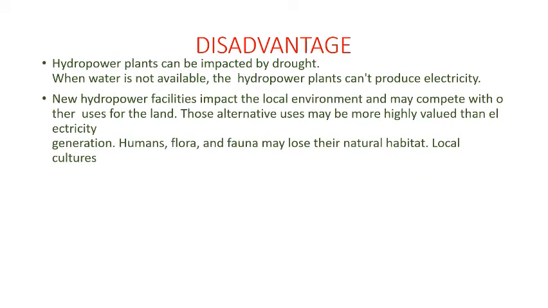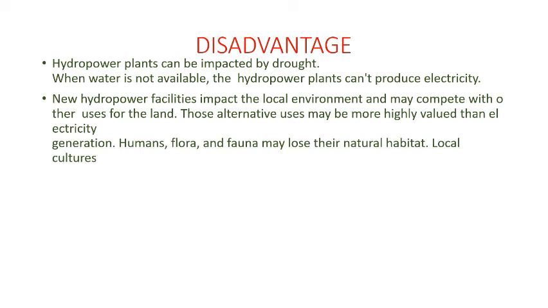The second thing, new hydropower facilities impact the local environment and may compete with other uses for the land. Those alternative uses may be more highly valued than electricity generation. Means as we are building dams for hydroelectricity, there may be some other things much more important than this electricity production.